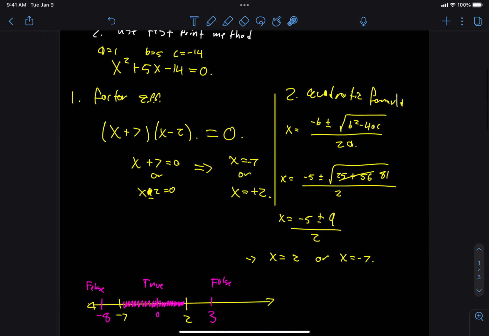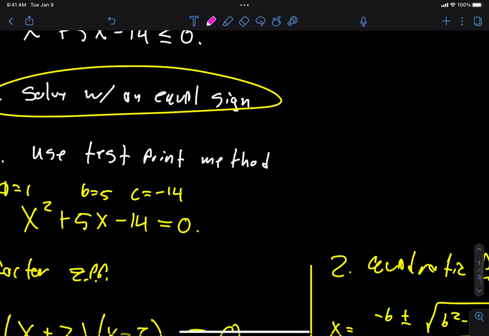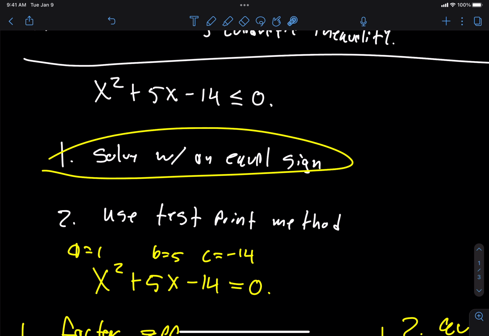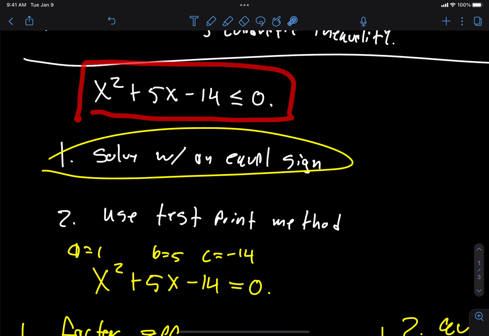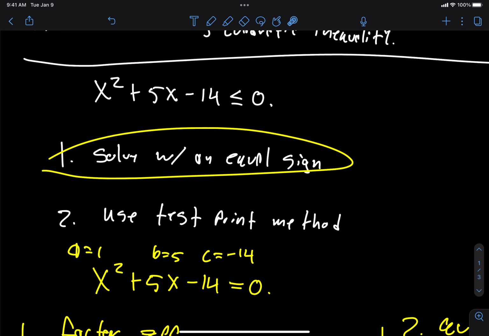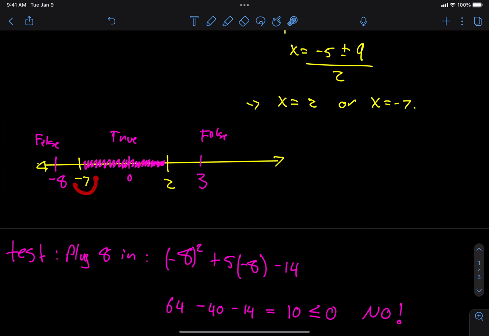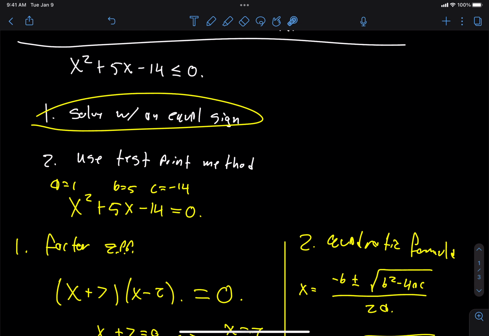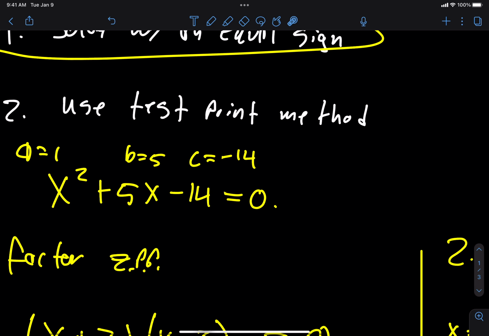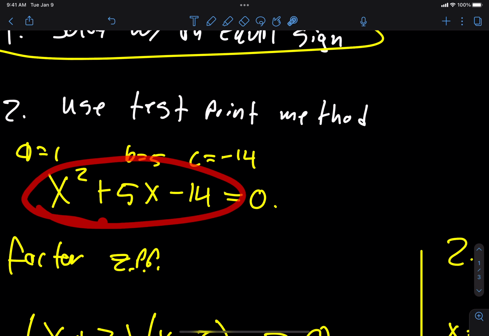The reason it's going to be a closed circle is I want to find all of the numbers which make this inequality true. If I plug -7 into the inequality, what do I get? Well, -7 is one of the roots of the quadratic. So if I plug -7 into this equation, what do I get? You don't even have to work it out.